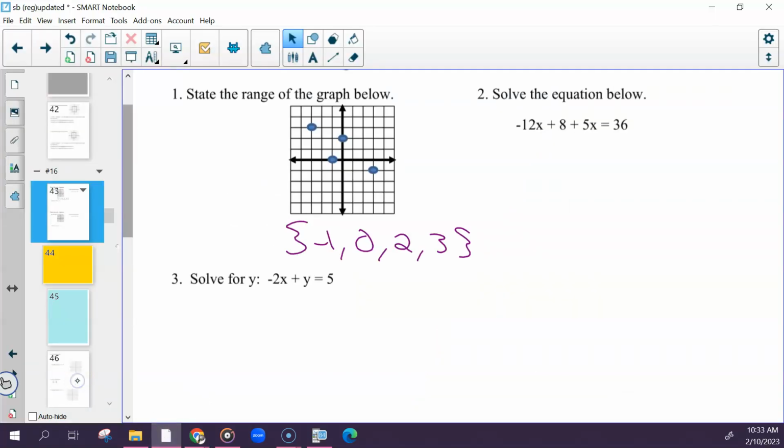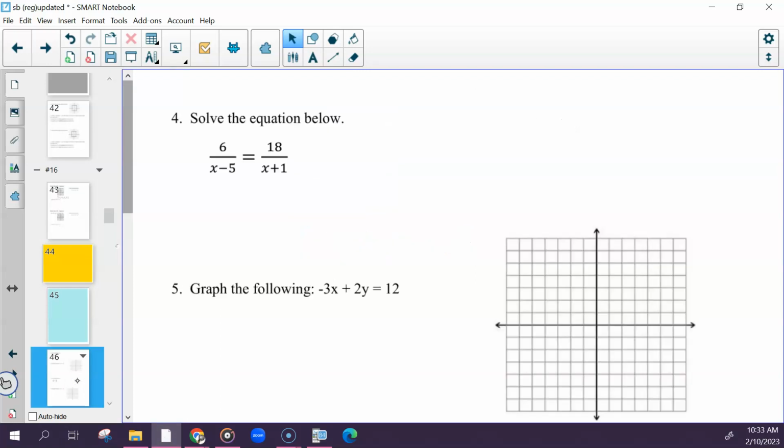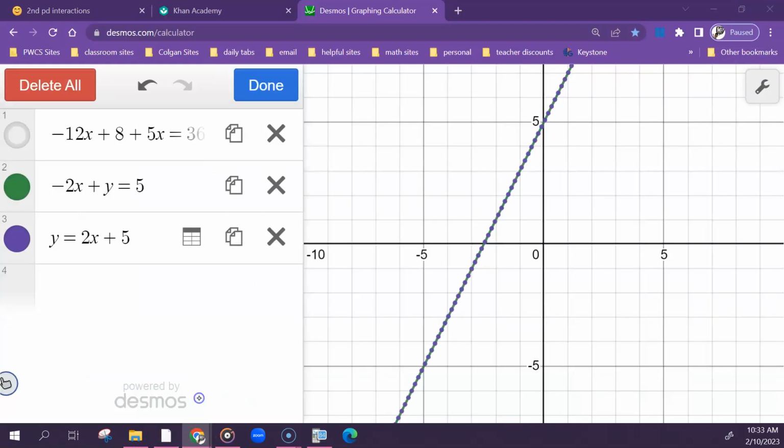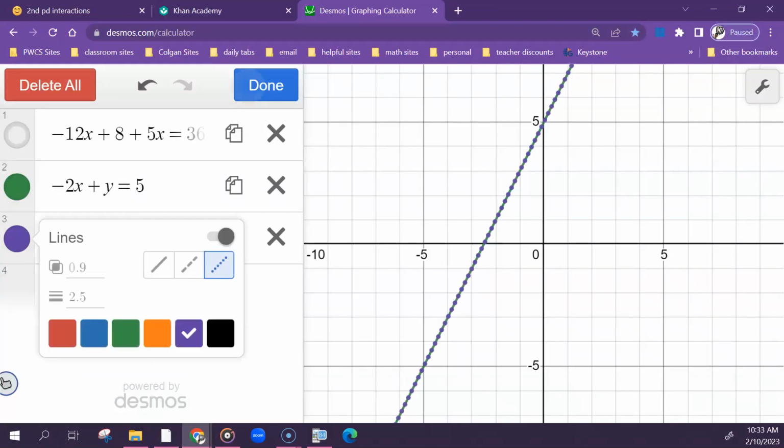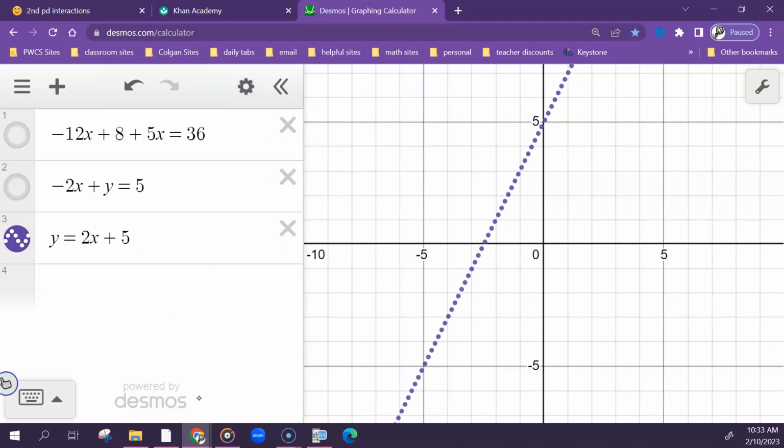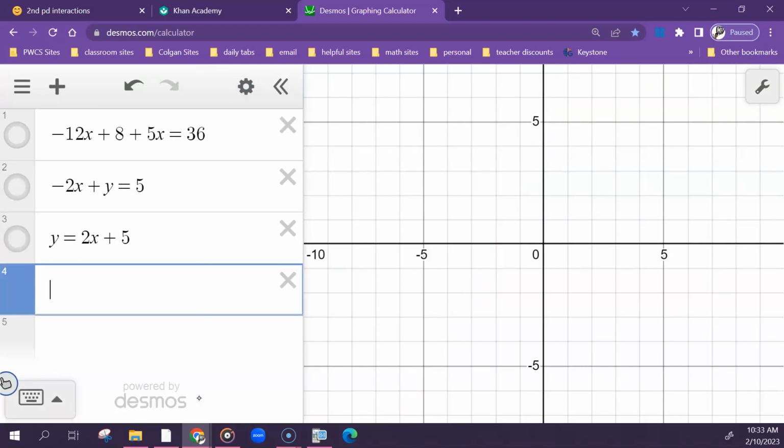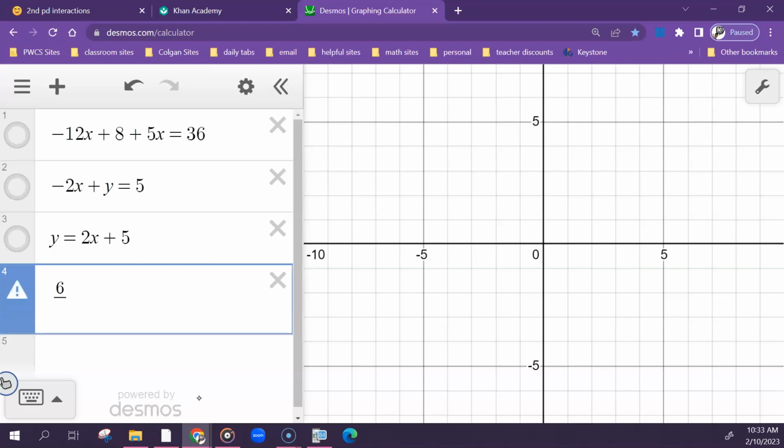For the fourth one, just like the other equation we did, you can type this all into Desmos and it'll solve it for you. I use the division, the forward slash.